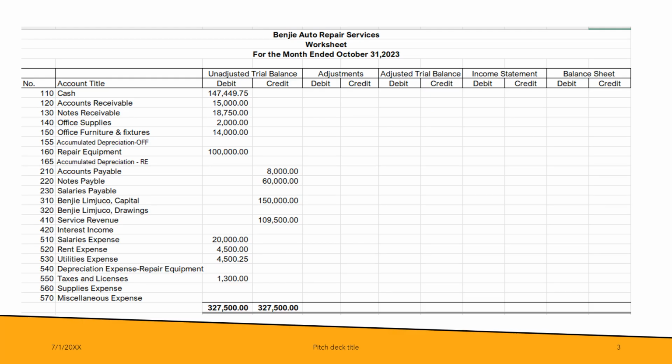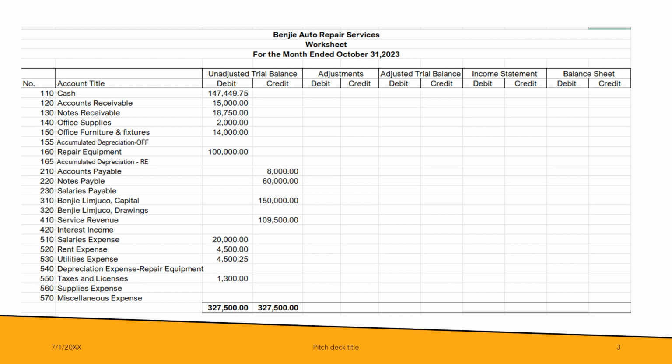At this point, let me share with you again the format of the worksheet. You have here the different columns: the account number, account title, the unadjusted trial balance column with debit and credit columns, the adjustments column with the same debit and credit columns, the adjusted trial balance, income statement, and balance sheet.